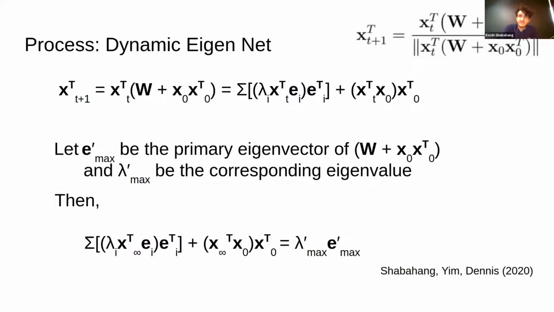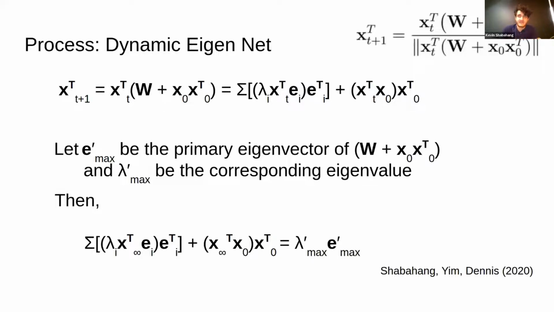In the previous spreading activation approaches using associative nets, some kind of non-linearity was introduced to make the system stable. But we're proposing an alternative system which is linear, but includes an additional component, which we call the STP, or short-term synaptic plasticity component, which is characterized here by X naught.